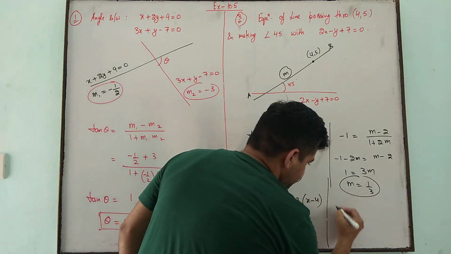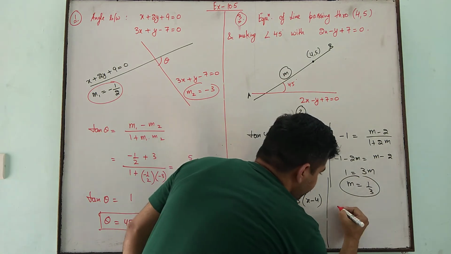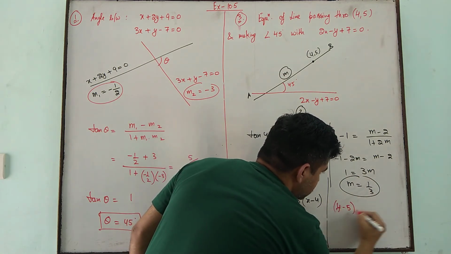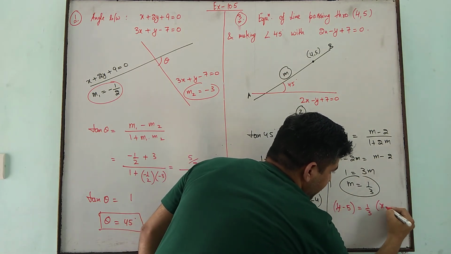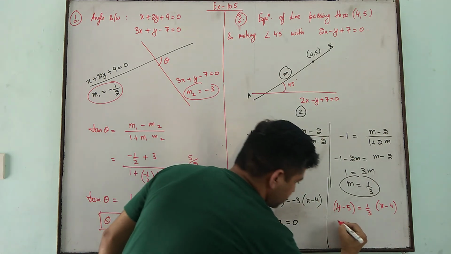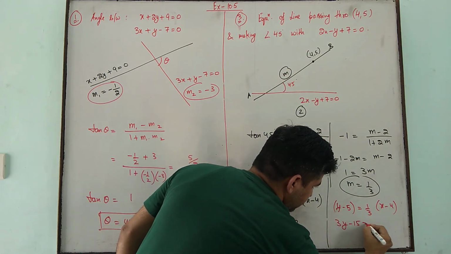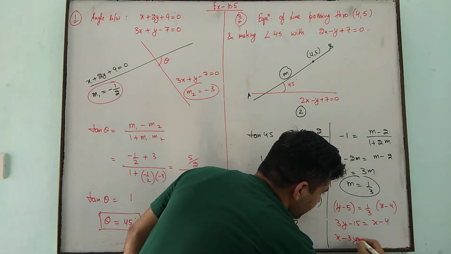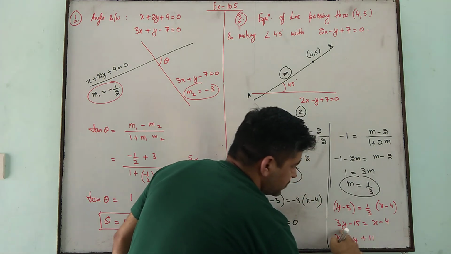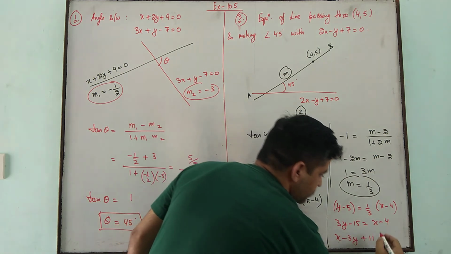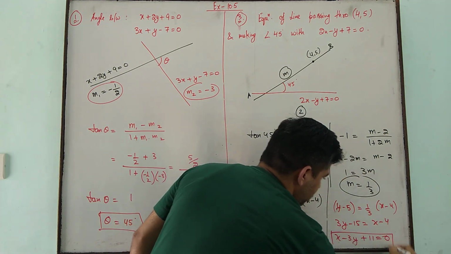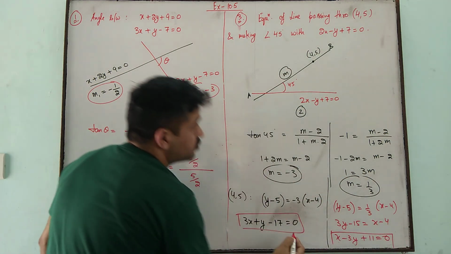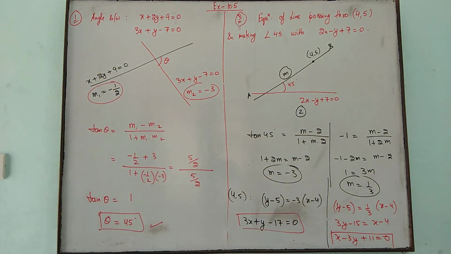And for this, the equation will be y minus y1 equals slope times x minus x1, where the point is 4, 5. So 3y. We got x minus 3y plus 11. 3y will transpose to this side, 15 to this side, is equal to 0. So we have two answers, two equations like this. Write it down.